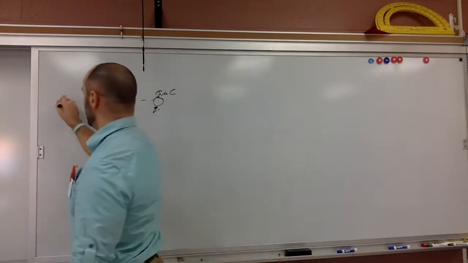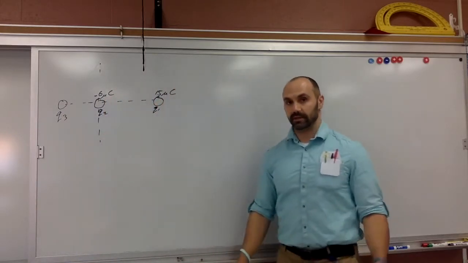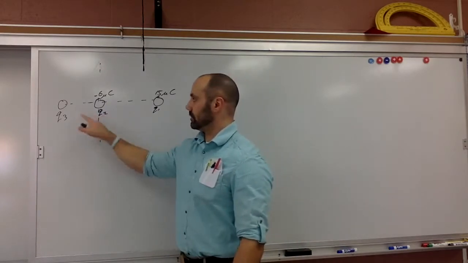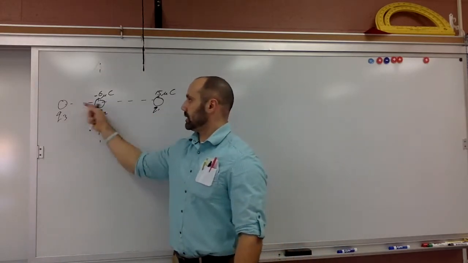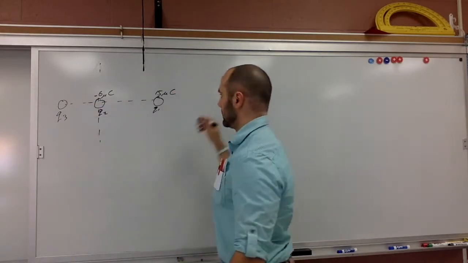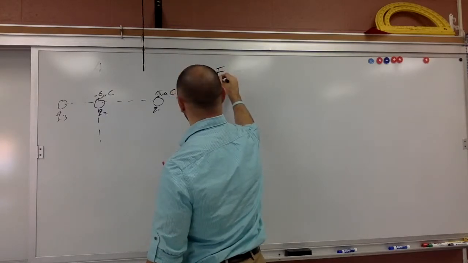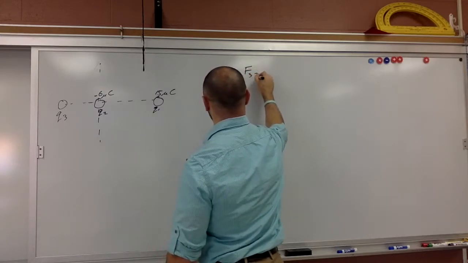So I'm just going to put here Q3, and I don't know what that distance is. But what I do know is that the force from 2 and the force from 1 have to be the same. They have to add up. This one is repelling it, but this one is attracting it. Those two are going to balance out. And so I write this equation, right? The force on 3 by 1 is equal to the force on 3 by 2.